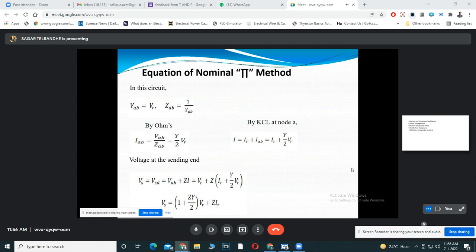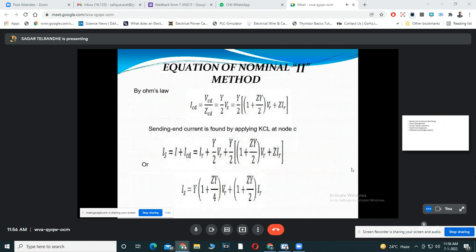Vs is equal to (1 plus ZY by 2) VR plus ZIR. By Ohm's law, we get that ICD is equal to VCD upon ZCD, which is equal to Y by 2 Vs, which is equal to Y by 2 times ((1 plus ZY by 2) VR plus ZIR).